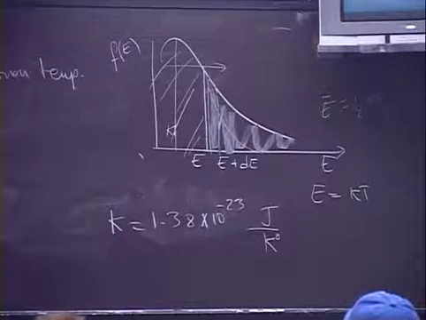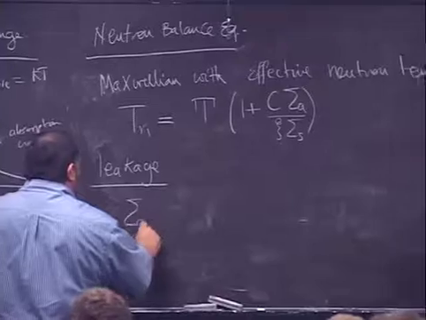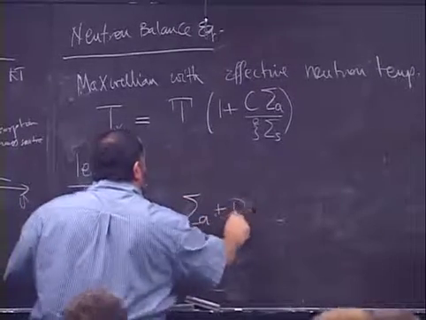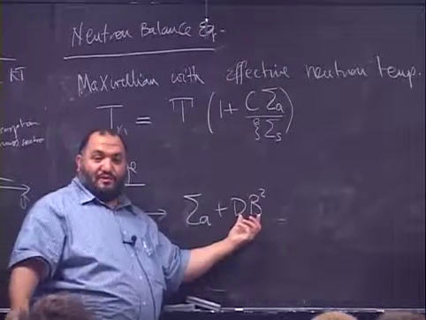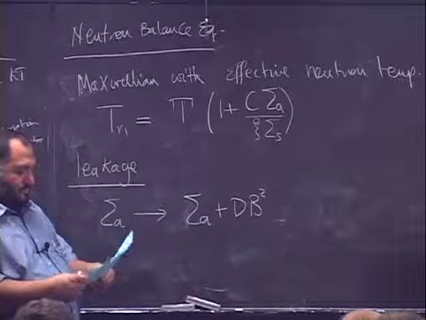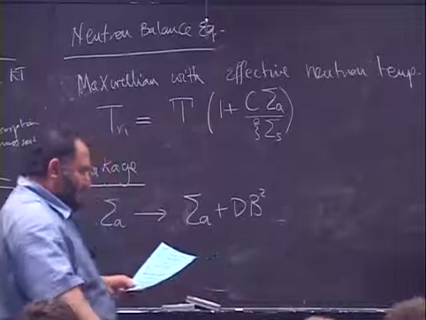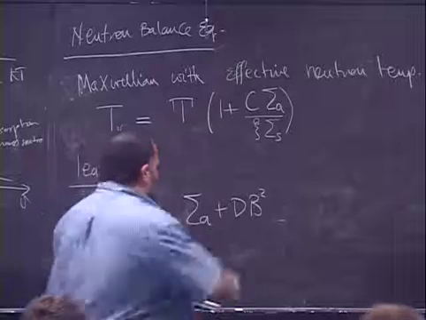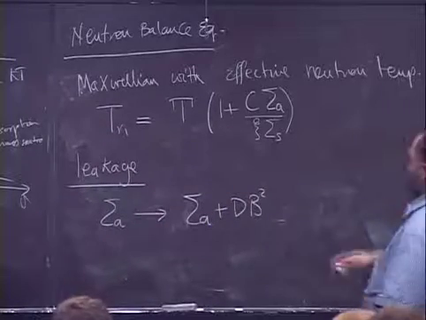Okay, so now we can represent sigma absorption by sigma absorption plus a leakage term, which comes from the leakage term D B square. Why do I put D B square?